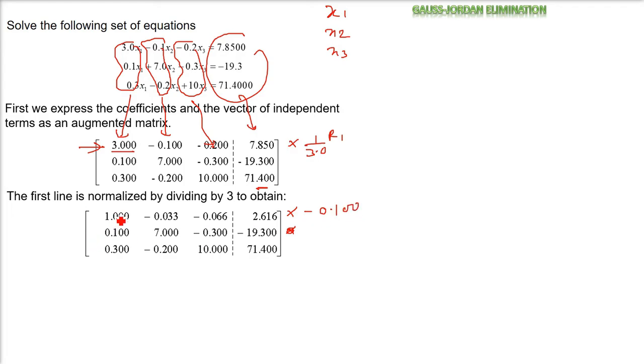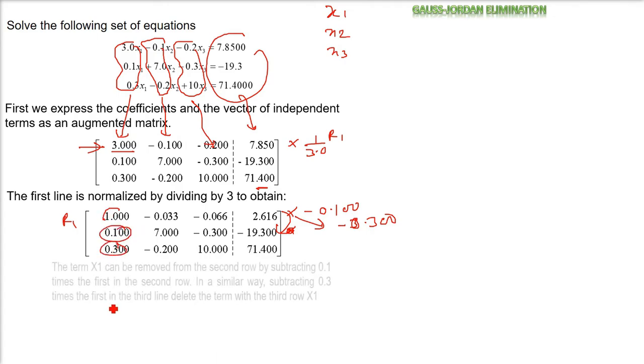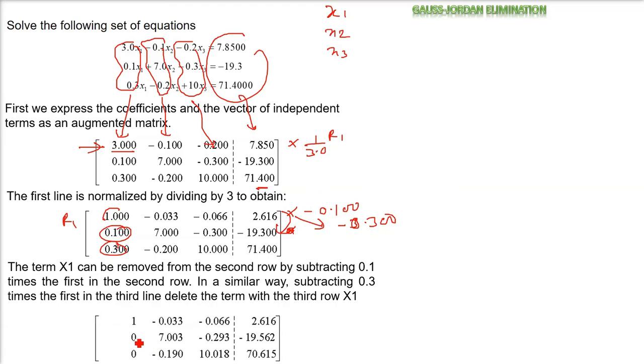So we'll multiply the first row and subtract these two rows. Then we will multiply the first row with minus 3 and add it with the third row. So what will be the final result? It will be 1 0 0. Now the same thing you have to do for the second column and the third column.